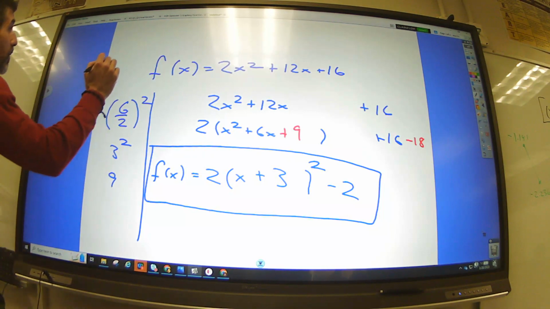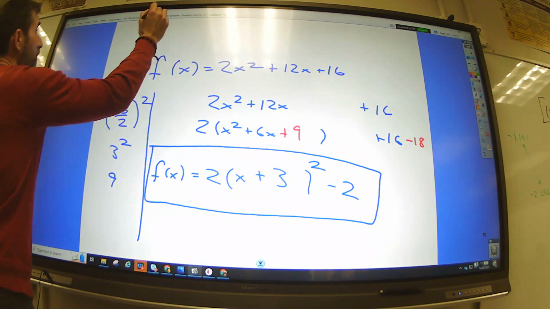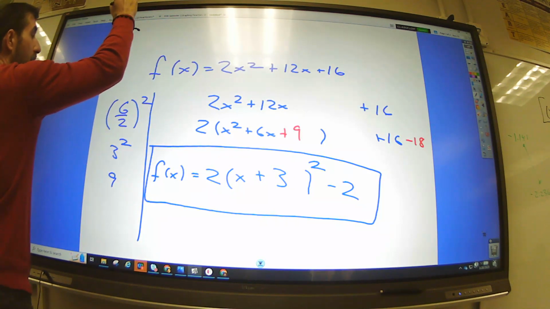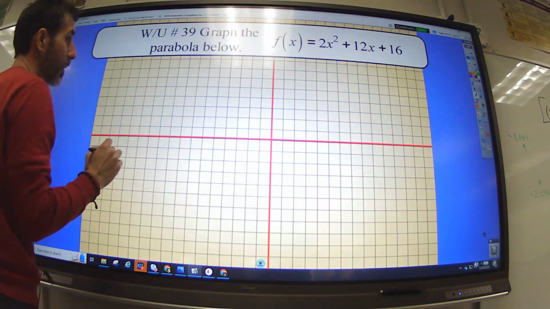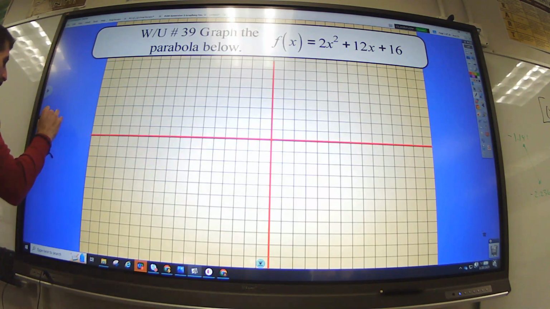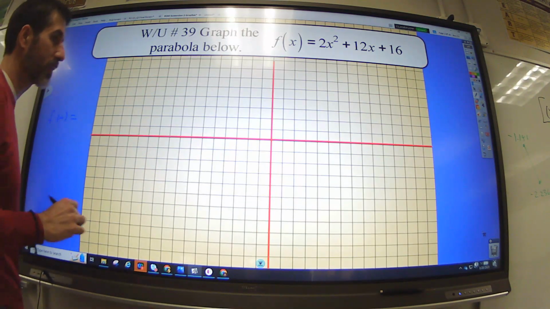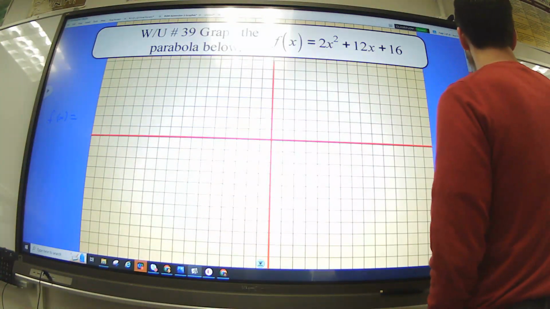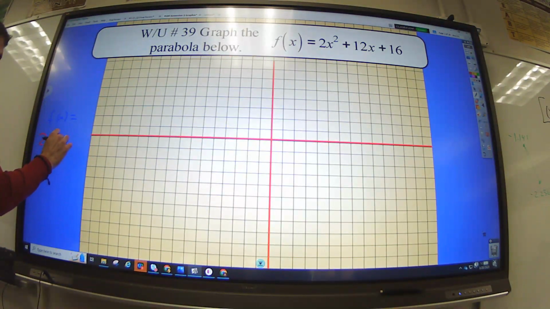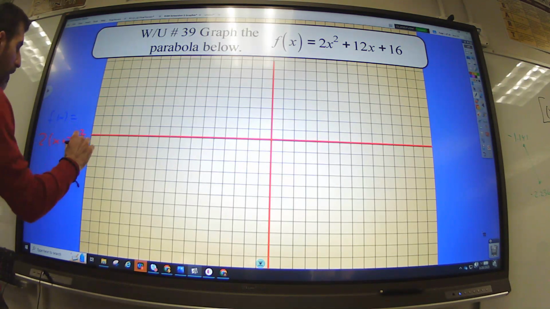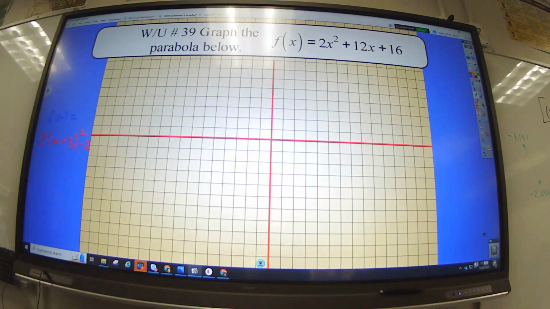So that's my actual graph that I'm going to graph. So let's go ahead and put this here. f of x equals 2 times x plus 3 squared, was it minus 2? I think it was minus 2, right? So now we can graph this.